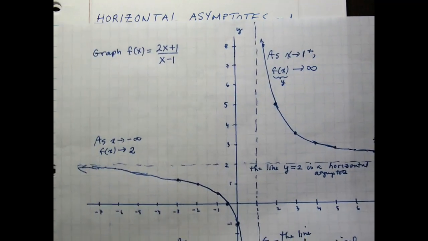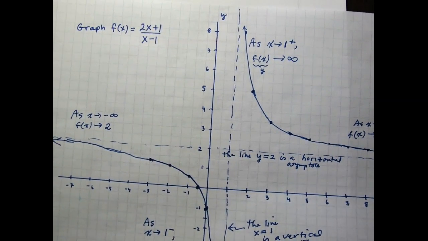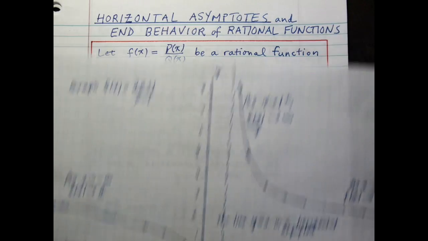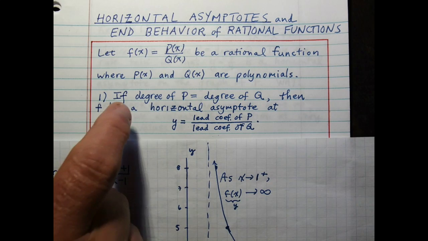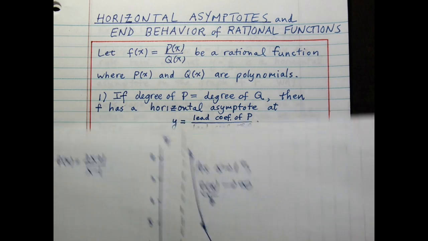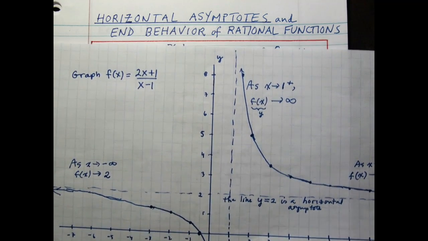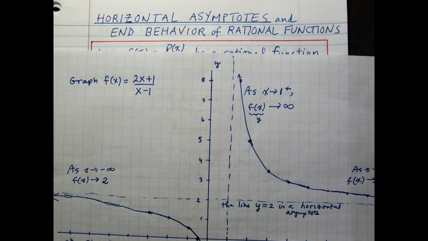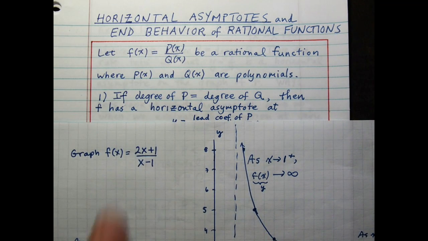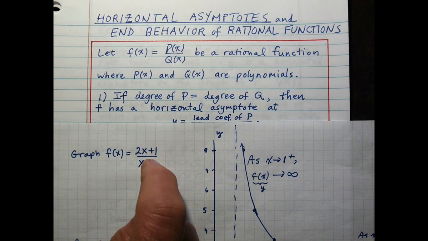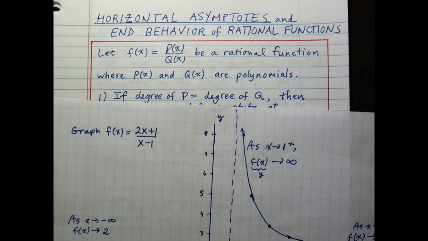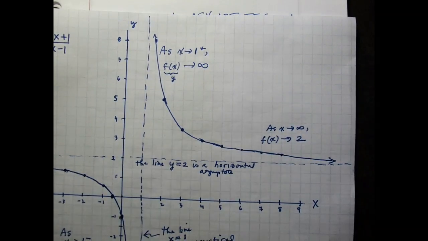We looked at 2x plus 1 over x minus 1. That's an example of the situation in number 1 where the degree of the numerator and denominator are the same. Here they're both degree 1. And so we can just take the coefficient of x, 2, over the coefficient of x in the denominator, 1. 2 over 1 is 2. So the line y equals 2 is a horizontal asymptote to that graph.